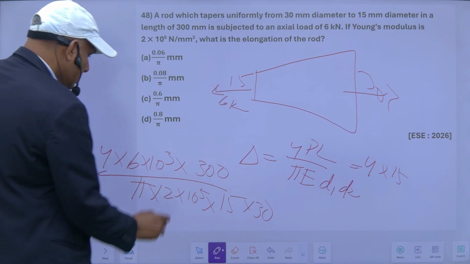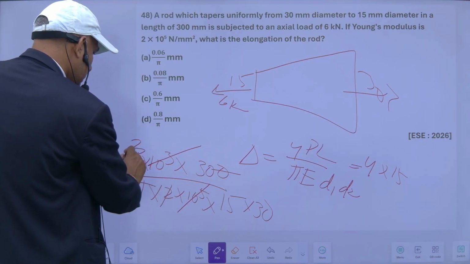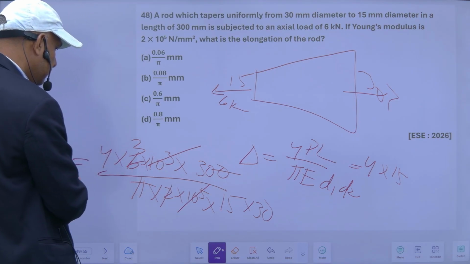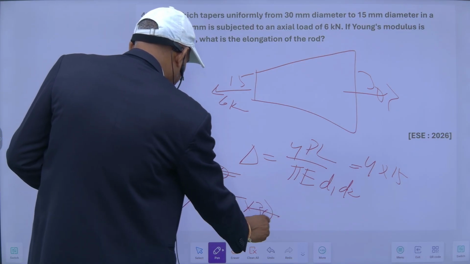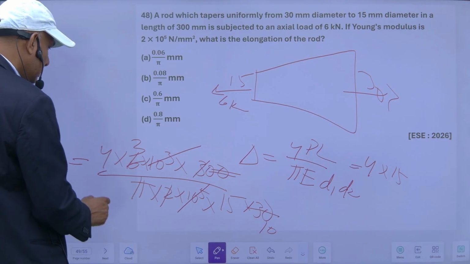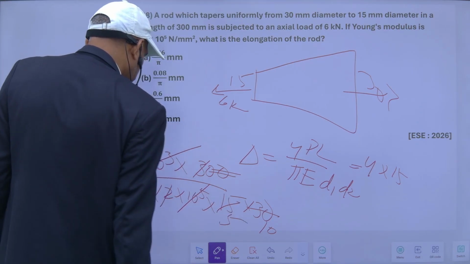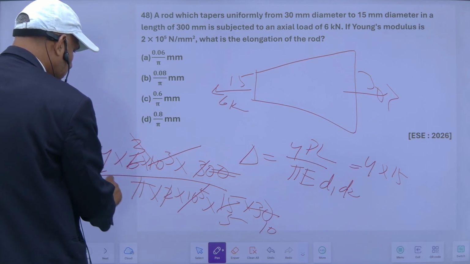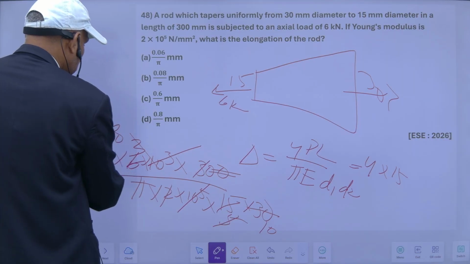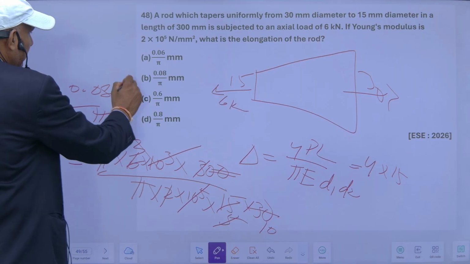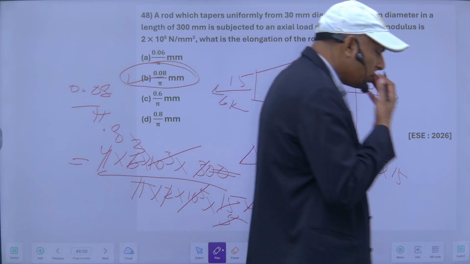So it will be 0.08 upon pi. So this is the correct answer. 0.08 upon pi is the correct answer.